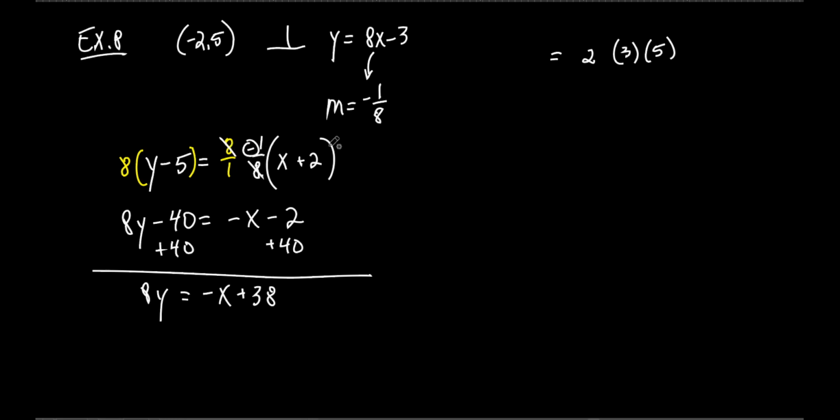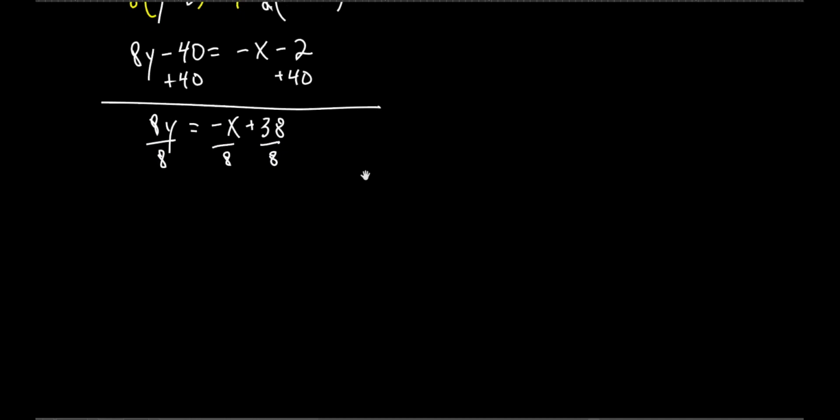No, we already talked about that. So that goes. Okay, yeah. It'll work. All right, so now watch. Divide by 8. Divide this side by 8. Divide this by 8. Let's see what we get.